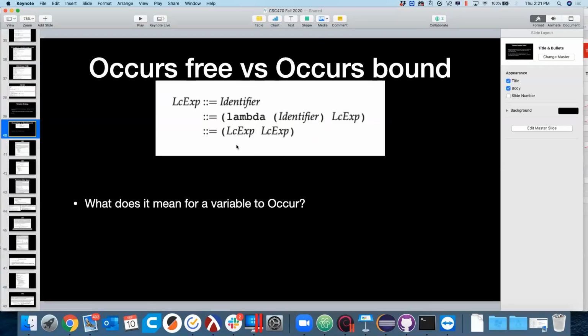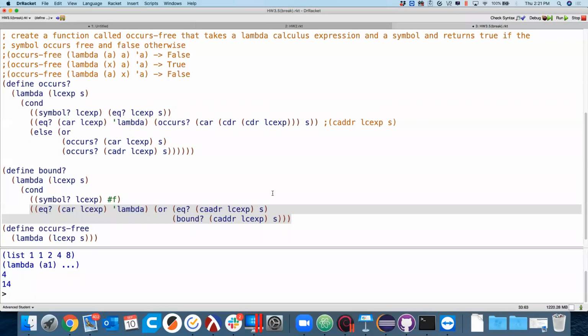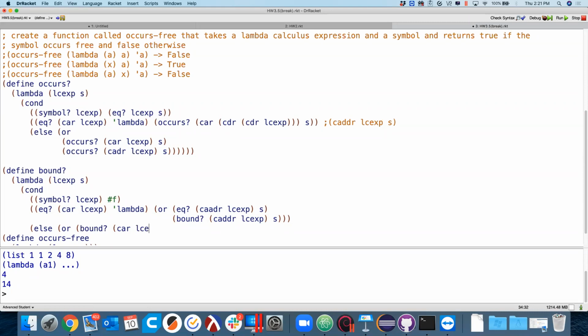All right, what if I'm looking at one of these? Same thing. Else, or bound car lambda calculus expression and bound CADR lambda calculus expression.